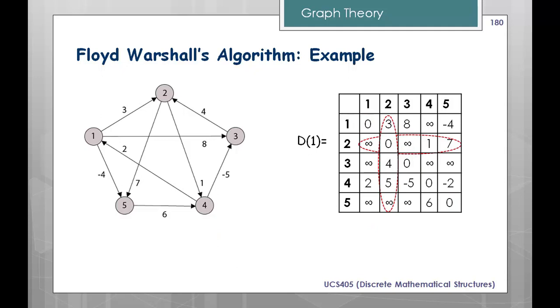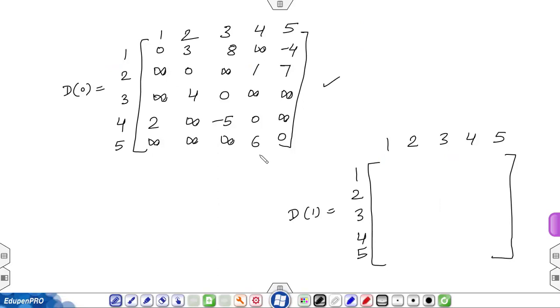Now, the next matrix is named D1. So how are we going to prepare this matrix? I'm going to explain one matrix in detail, then we will see the other matrices. This is the first matrix which we have seen, D0. Now for the second matrix, the first row and first column will remain the same for D1.